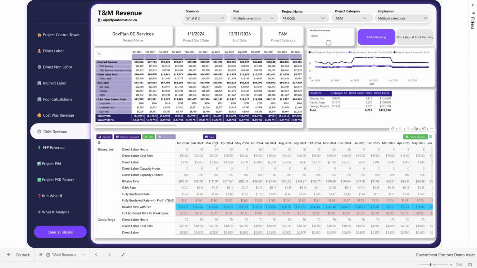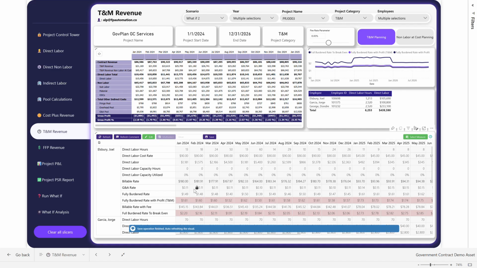When we select this and hit save, this is going to adjust our billable rate to the particular billable rate that we are calculating using a Power BI DAX measure. Now we can see that the billable rates are aligned.